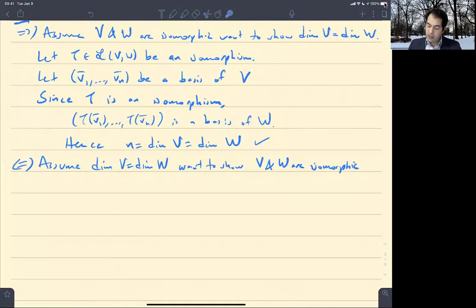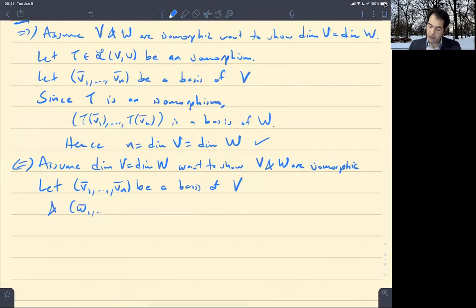So another way of saying this, assume that every basis of V has the same number of elements as every basis of W. We want to show that there exists an invertible linear map from V to W. Okay, so let V1 through Vn be a basis of V, and W1 through Wn be a basis of W, right?